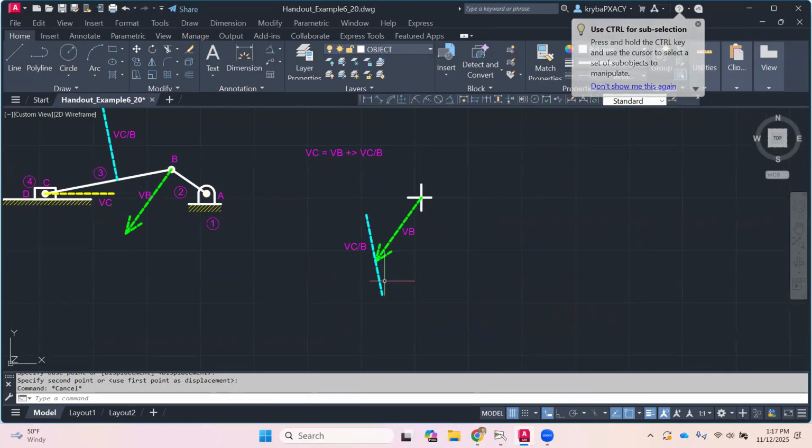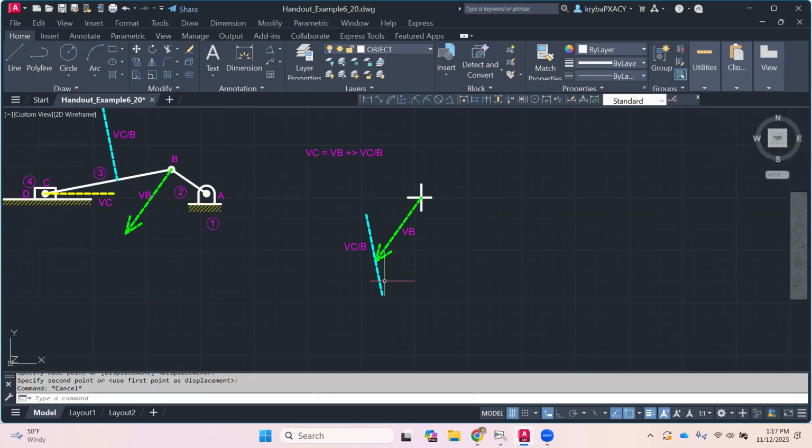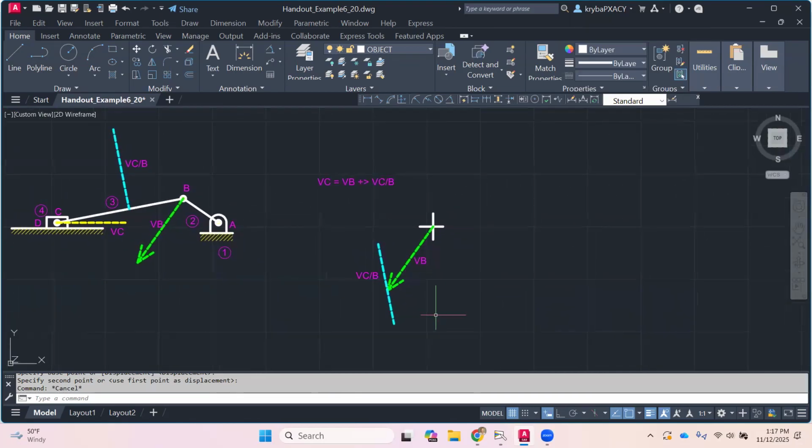I don't know if it's going to go up and to the left or down and to the right. So I'm just going to place it right there on the tip of velocity of B. All right, now I've exhausted everything on the right-hand side of the equation.